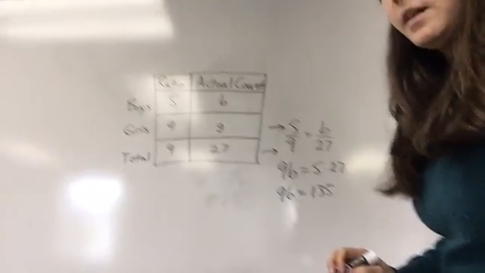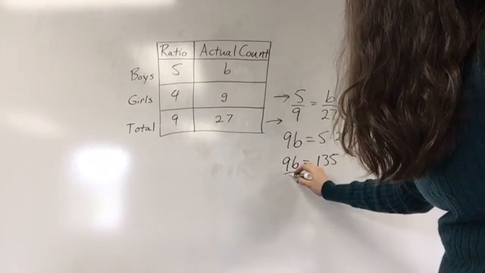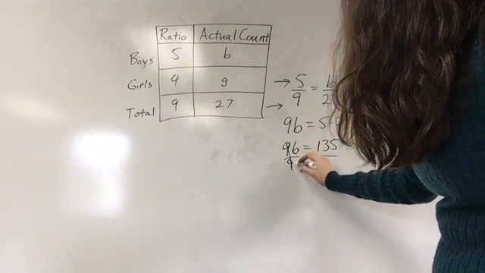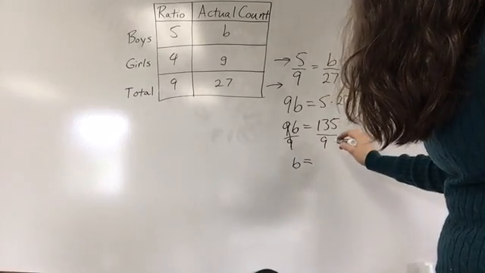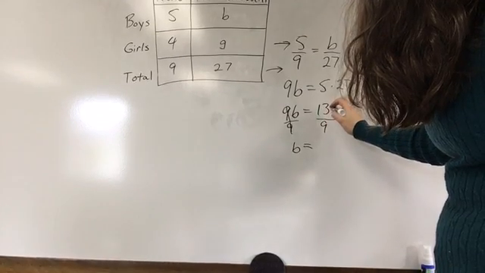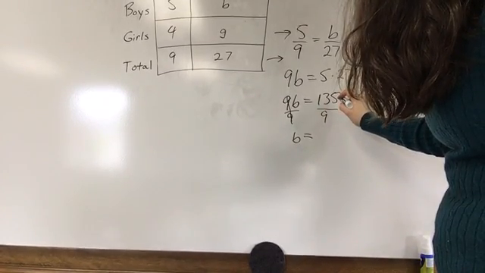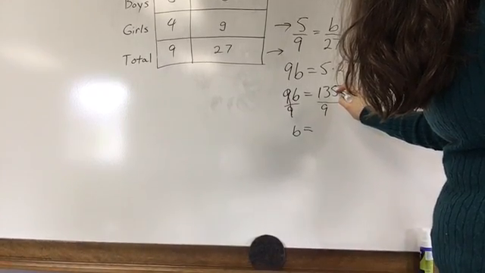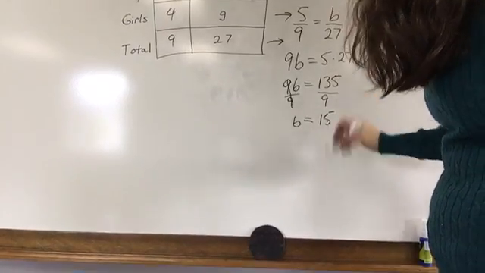Tilt that so you can see. 9B equals 135. We'll divide each side by 9. Cancels it out, so we get B equals, and then 135 divided by 9. 9 times 15, we would get B equals 15.